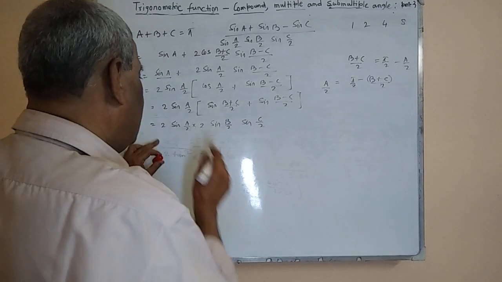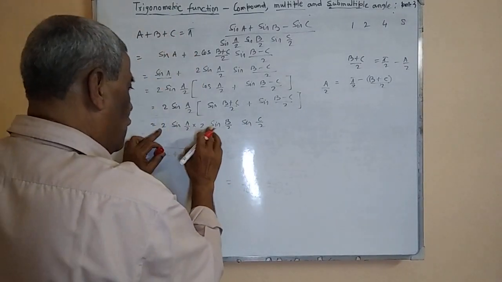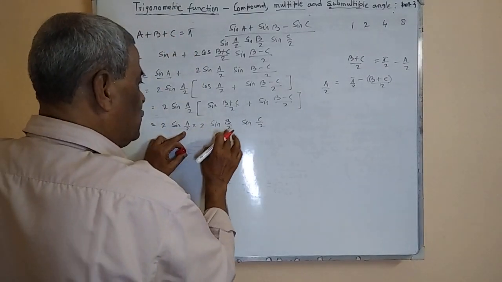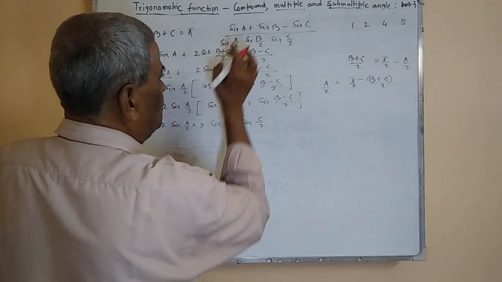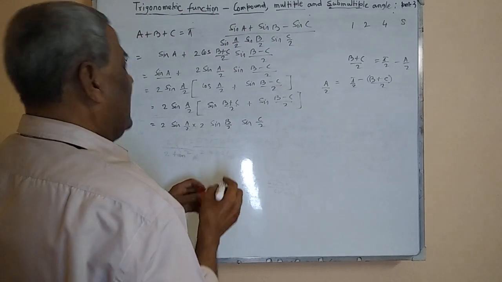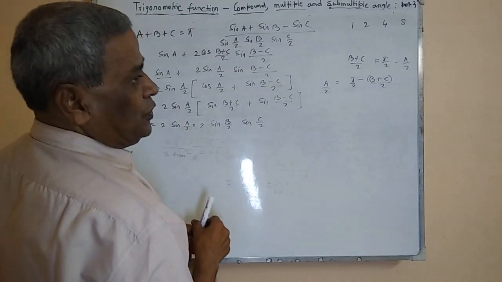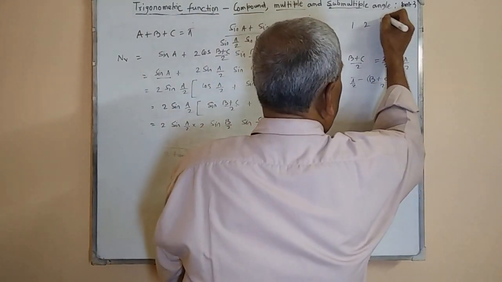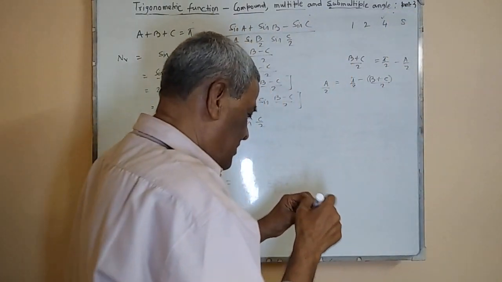So we get the numerator as 4 into sine A by 2, sine B by 2, sine C by 2. This is 4 times of that. So the result is 4. So option C is correct.